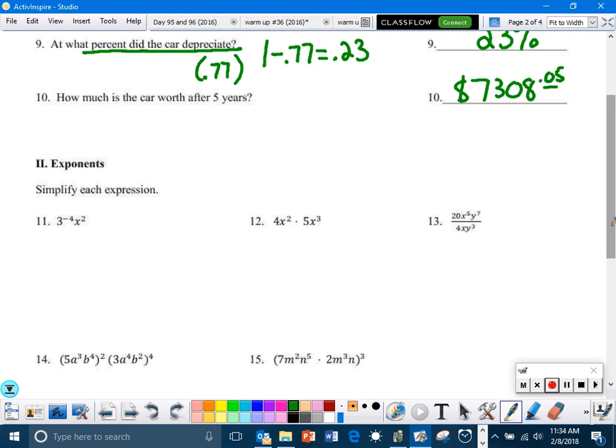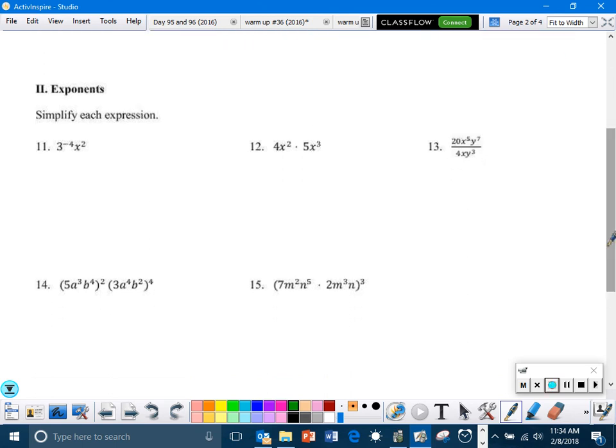Okay, so that was dealing with the very first lesson of the unit on exponential growth and exponential decay. The second part of the unit was on exponent rules. All right, so simplify each expression. Here we go. So the first thing I notice, ladies and gentlemen, is I've got a negative exponent. Remember, we are not allowed to have negative exponents. So there's that little saying, cross the line, change the sign.